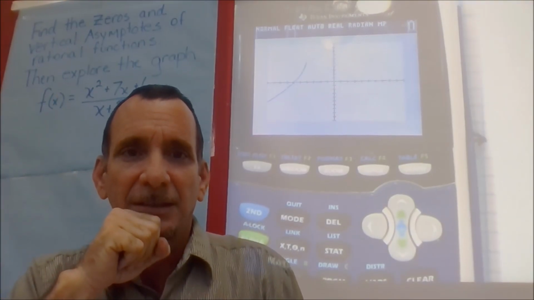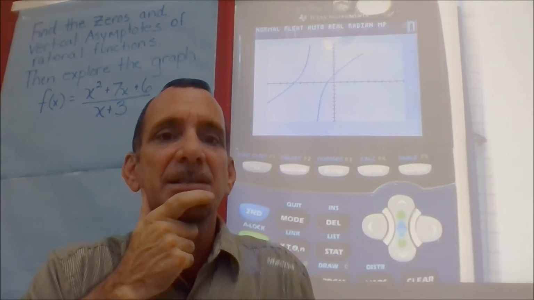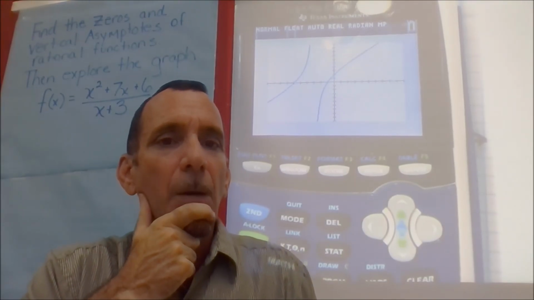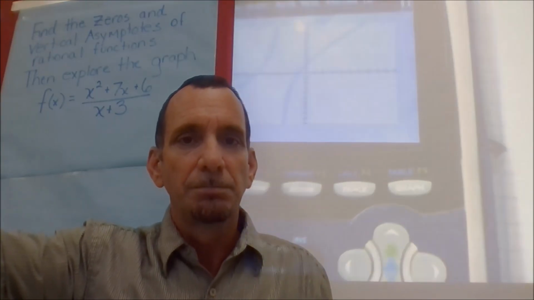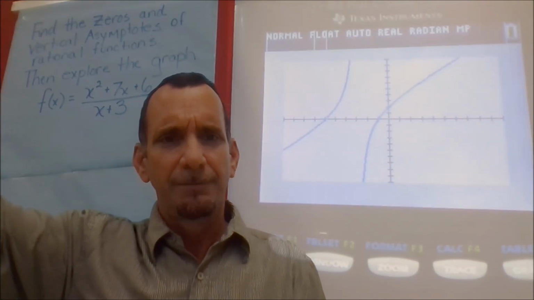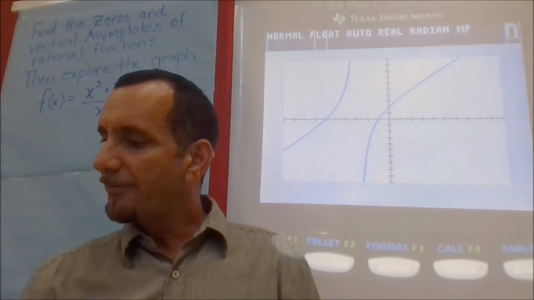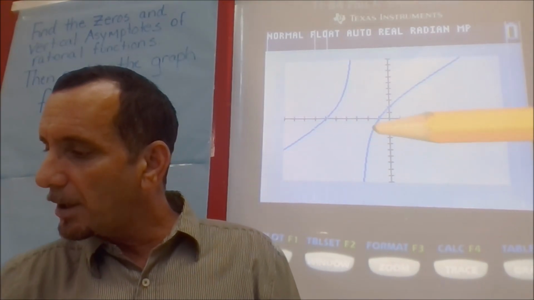Oh, there is one. Oh, it's fast. That is my hyperbola. Now, we don't see the vertical asymptote. But can we look at it? Let's look at this graph. We know the vertical asymptote is at x equals -3. 1, 2, 3.